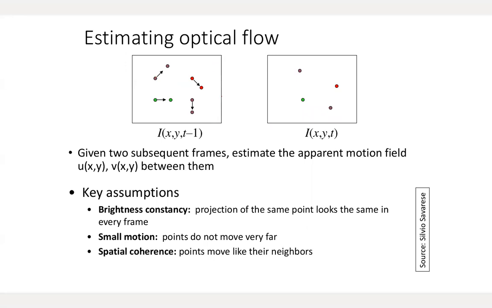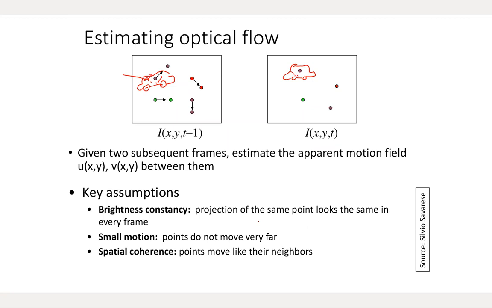We will also assume there's some kind of spatial coherence. Let's say there's a car here, okay, it's a bad drawing. If the car moves to some other location, let's say to here, the pixels on the car will be moved in the same manner, right? So all the pixels here will also move along this direction.